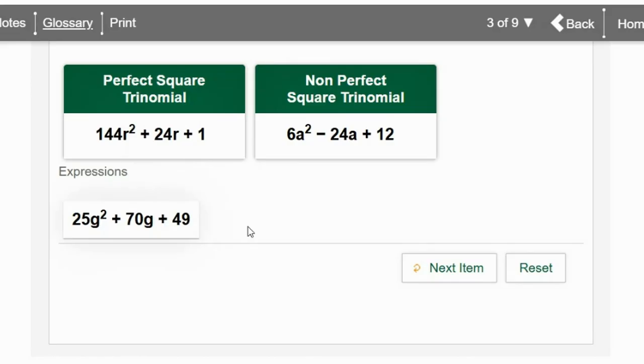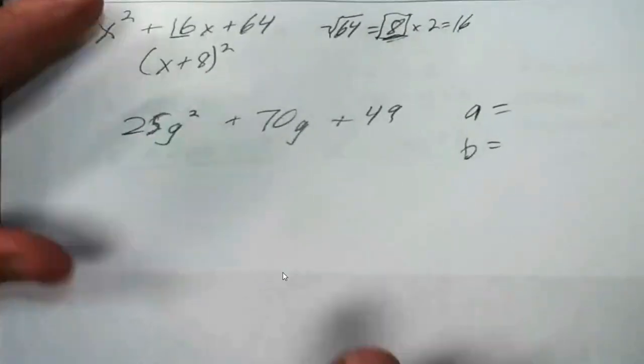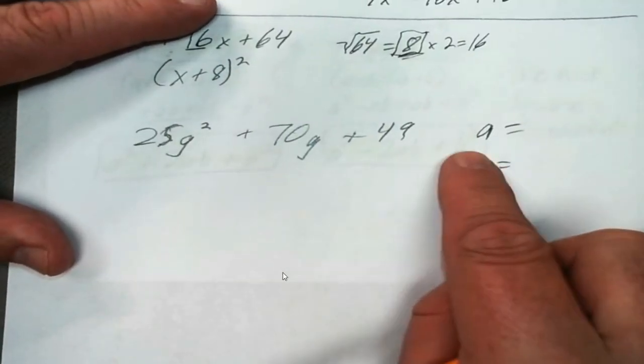Try this one. 25g squared plus 70g plus 49. What's A? What's B? Here, I'll show you another way to break that down. If this is our problem, 25g squared, 70g, 49, what must A be?